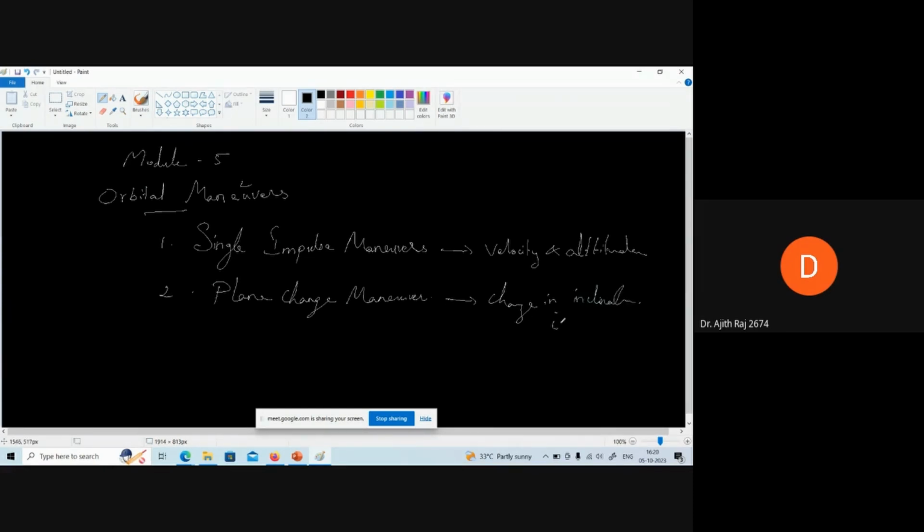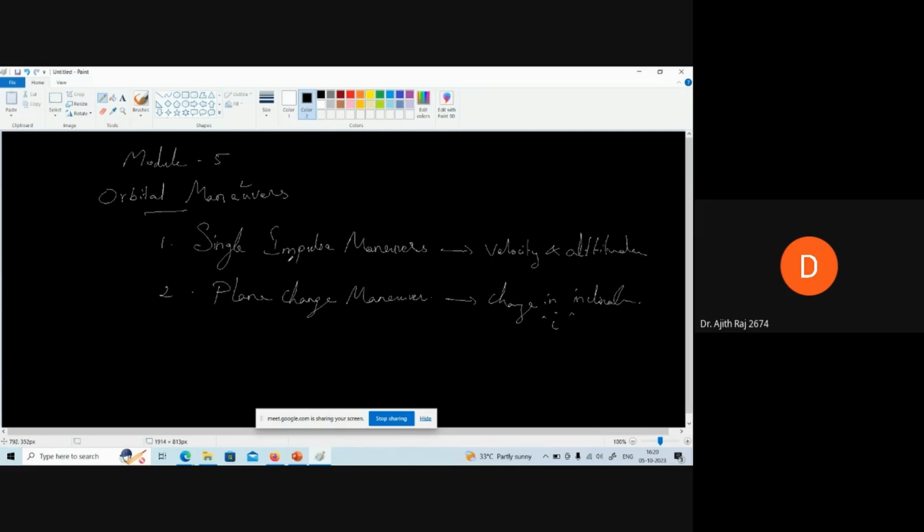Again, this is an orbital element you might have studied already, which is the angle between the parent planet's equatorial plane, let us talk about the Earth and the artificial satellite, and the satellite's orbital plane. We have seen that already when we studied the orbital elements. If you could change this inclination, how we can change it, we will see.